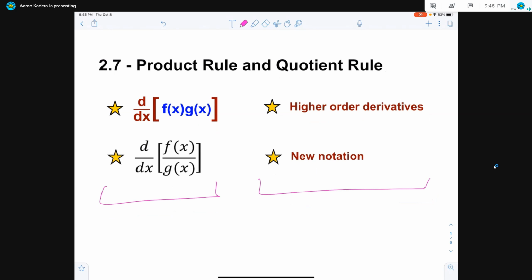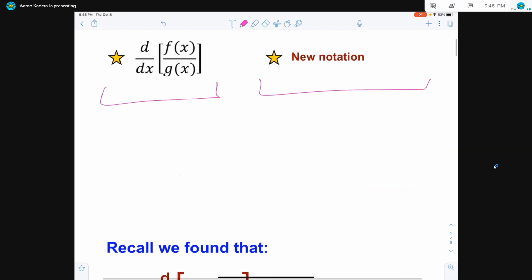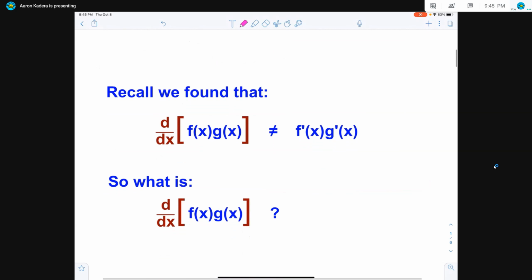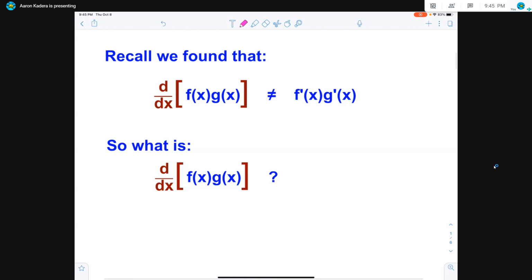So you may recall when we were trying to figure out what the power rule was, we did a couple problems, I asked you to find a counterexample as to why this statement right here with the not equal statement is true.